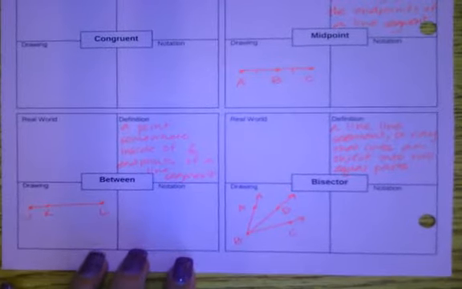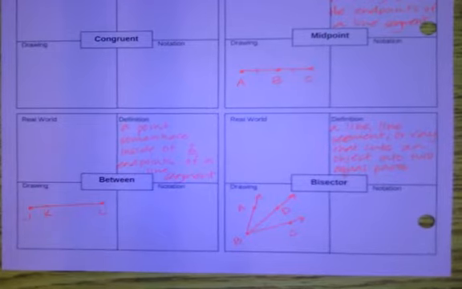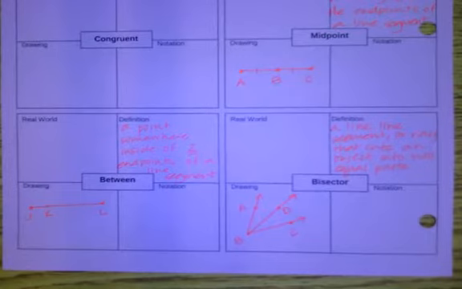Okay, does ray BD bisect angle ABC? I hear a sure, I hear a yes. So if that is a bisector, what does that tell you about that figure?